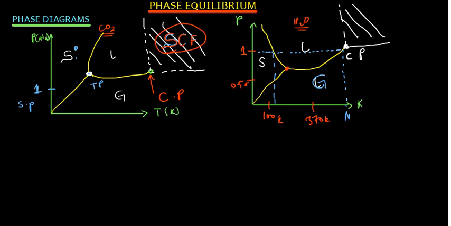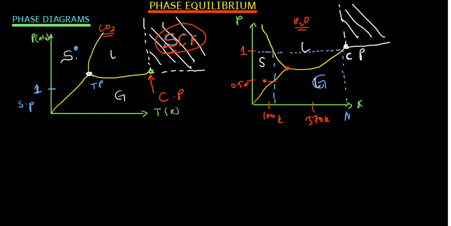Now, if we've been given a substance at 0.5 atmosphere and 100 Kelvin, and we increase the temperature to 370 Kelvin without changing the pressure, what will be the new state of that substance? It is here, but if we increase the temperature to 370 without changing the pressure, it will come here. That means it is now a gas. The change of state happening here is sublimation.